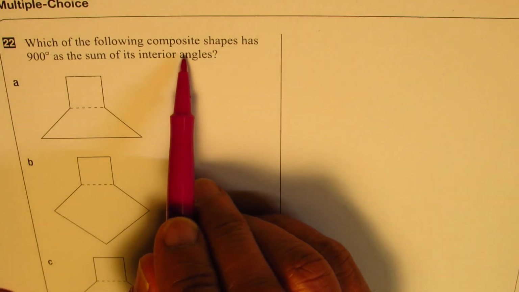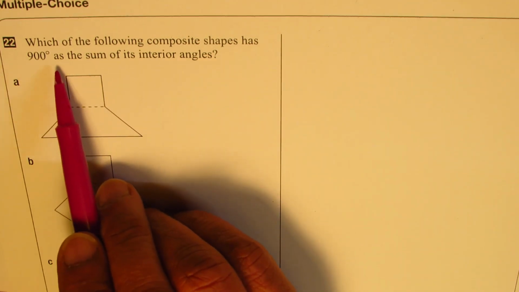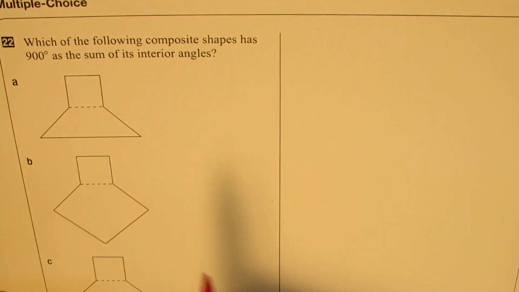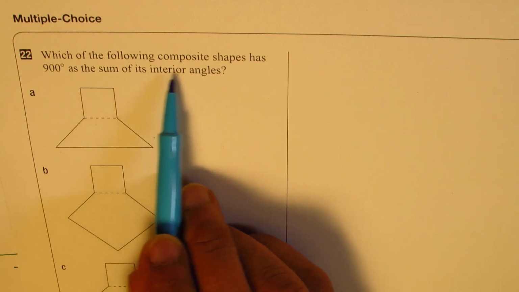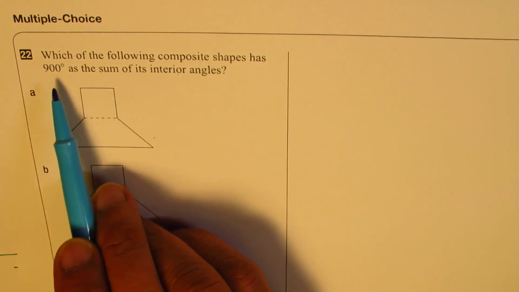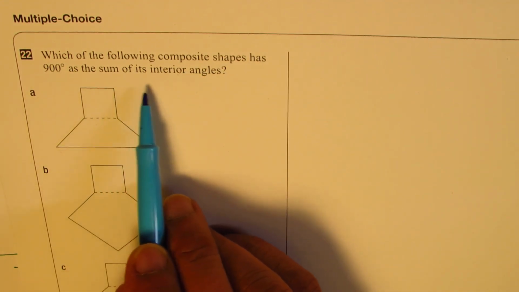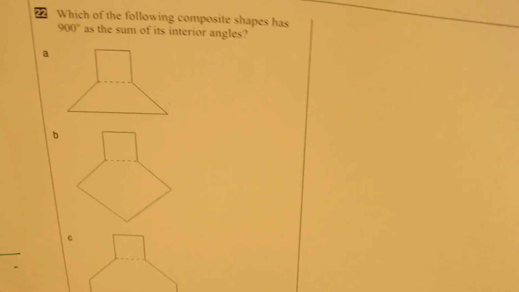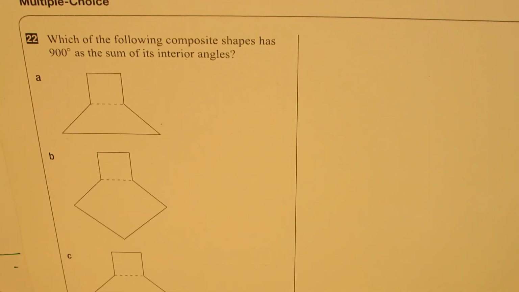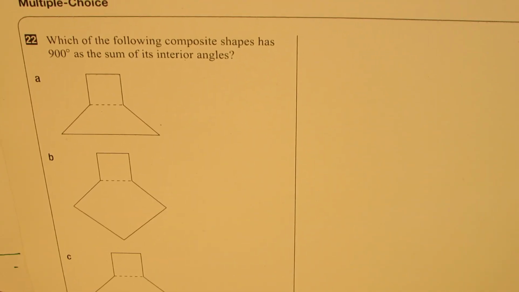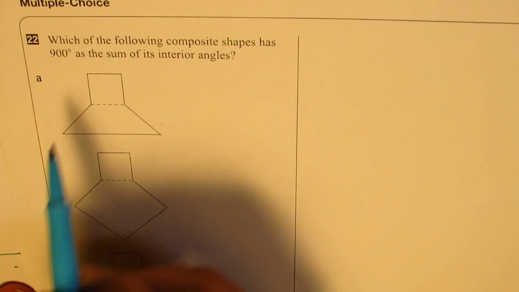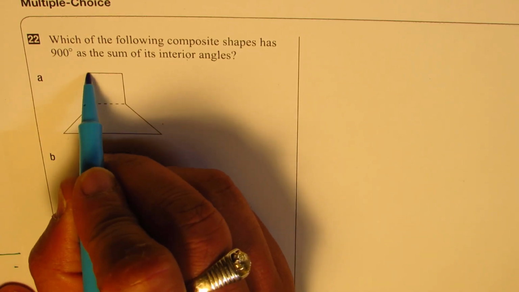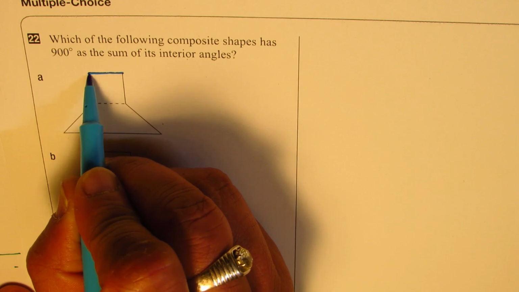Which of the following composite shapes has 900 degrees as the sum of its interior angles? We are given 4 different choices here. Let us see how to answer this question. If you notice, we have kind of a square in each one of them.